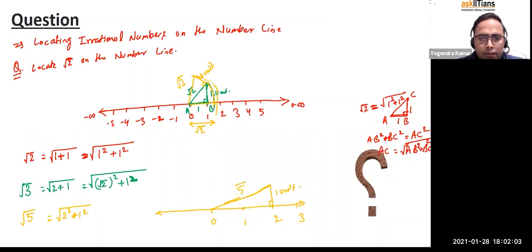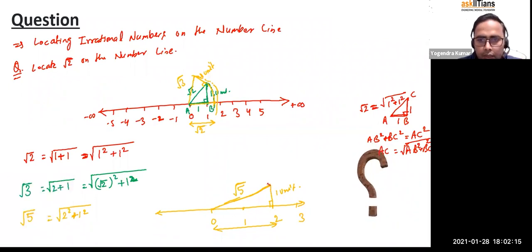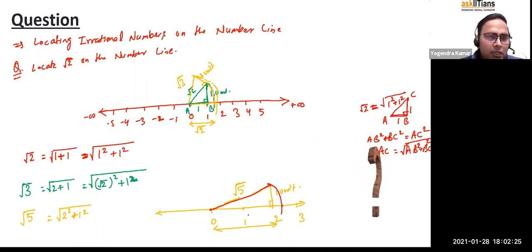This is root 5, because it is nothing but 2 square plus 1 square, right? Now you need to make the arc, which will be like this, right? So that is going to be almost 2.3. This is how we are going to locate irrational numbers on the number line. I believe it makes sense.